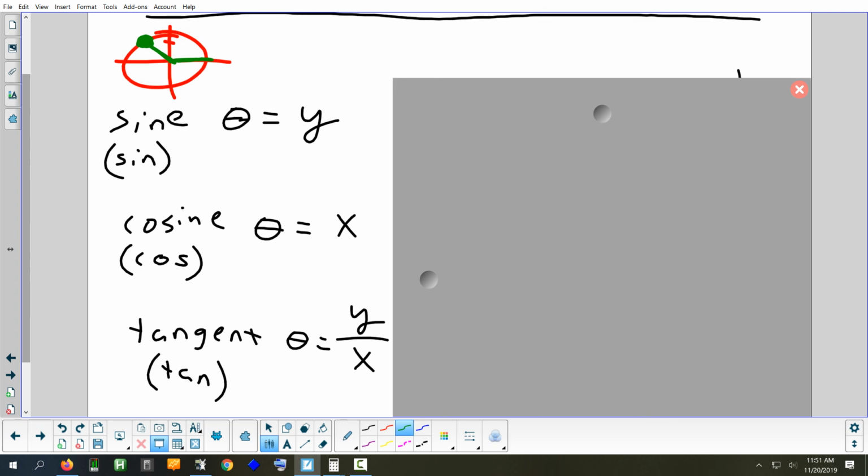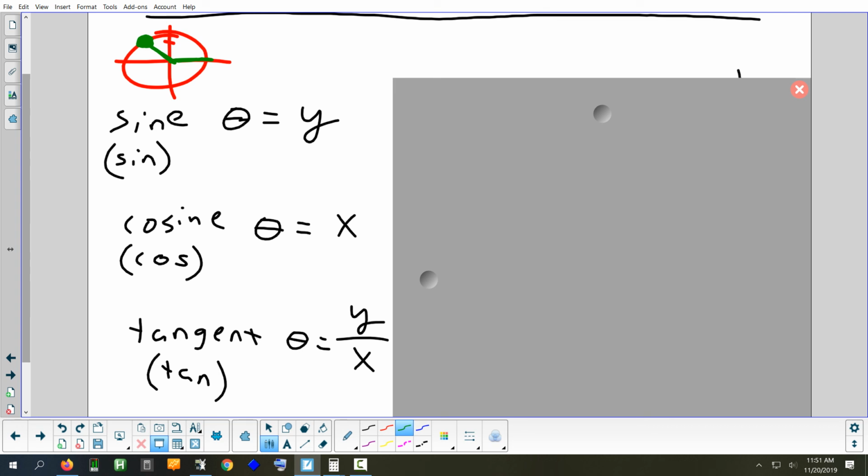If I ask you what is the tangent of the angle, I want you to take the y and divide by the x. And again, if you're wondering what does tangent even mean, it's kind of like asking, what does square root mean? It's something that you can do to a number, and it changes it somehow, and you get a different answer. Same thing with logarithm. What's a logarithm?